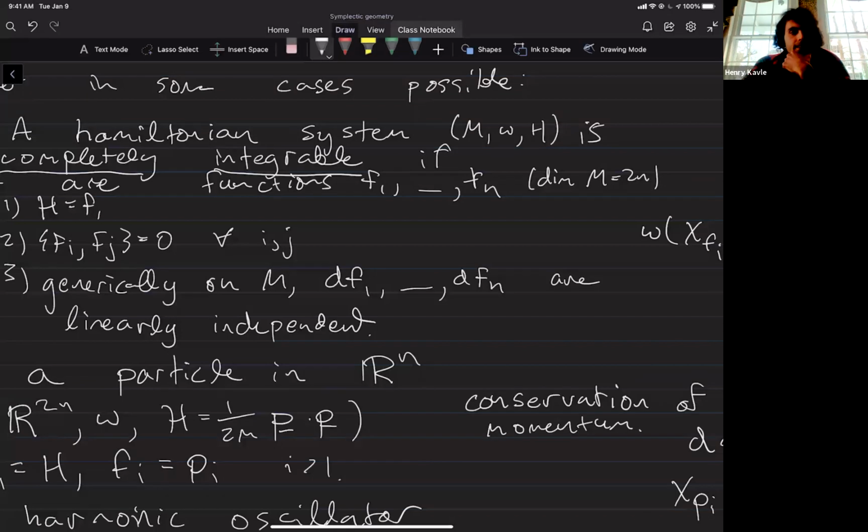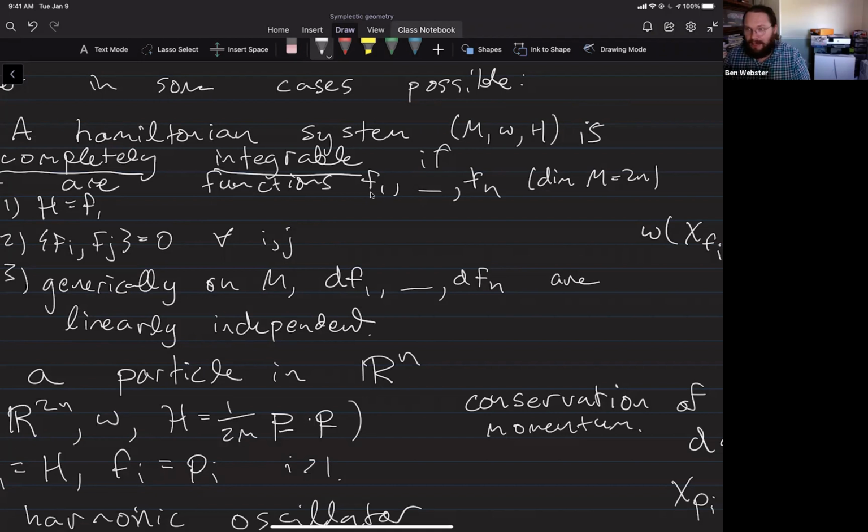Oh, okay, I see. Gotcha. And I wonder if somehow it's getting stuck in here. Let me actually look slightly more carefully. Yeah, I suspect what's happening here, if you look at the definition, is that there are more than n integrals of motion, but they don't all Poisson commute with each other.